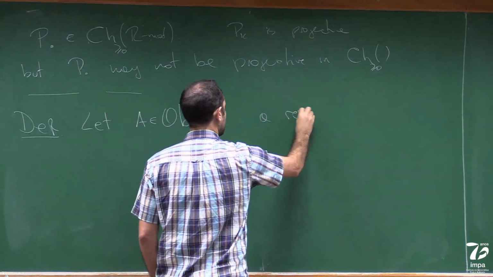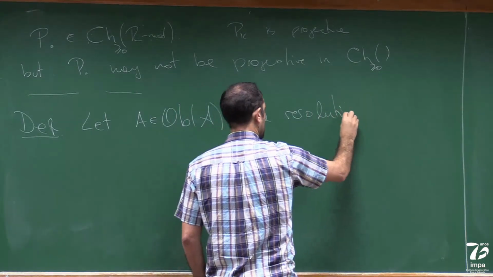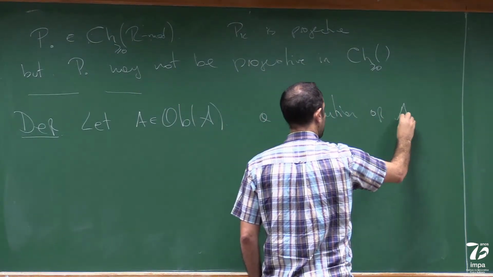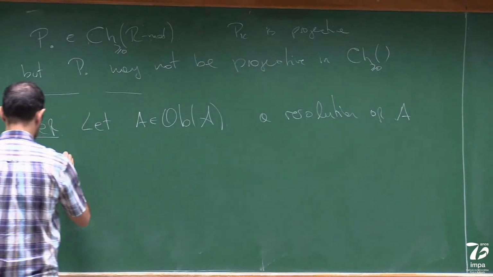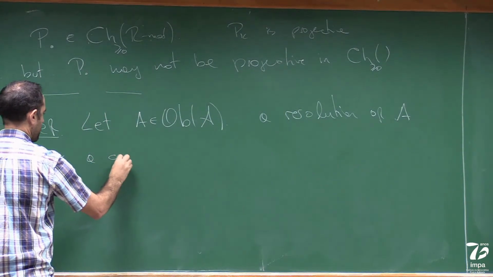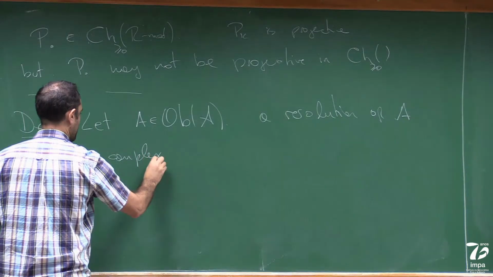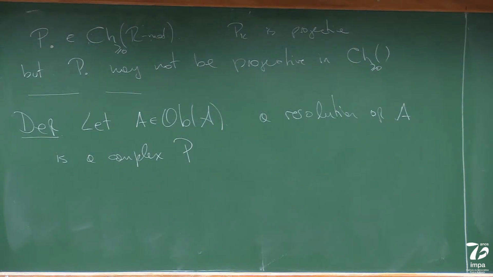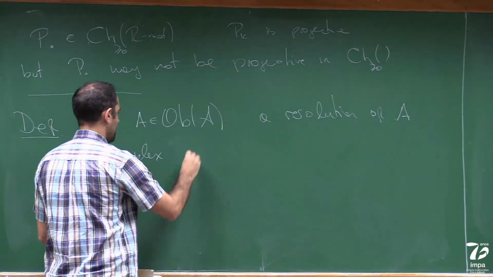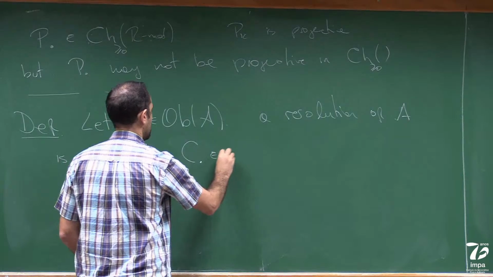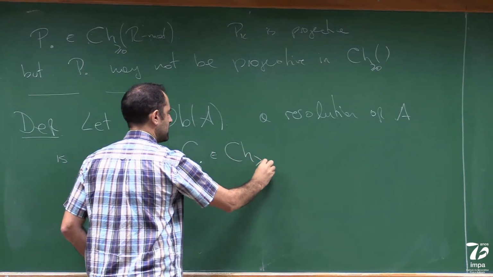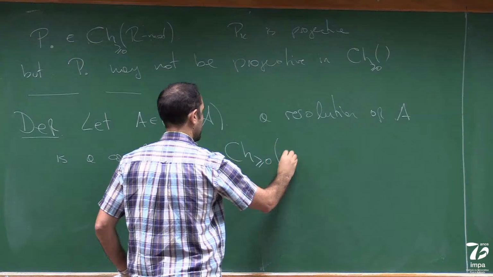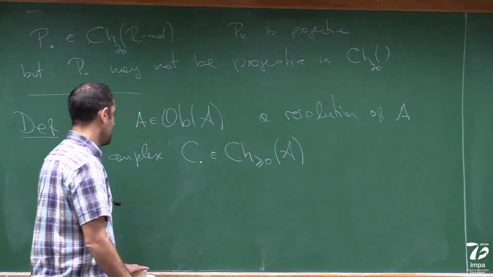A resolution of A is a complex, no, let's not use the word P. It's a complex C dot, which is in chain complexes bounded below in the category, together with a map.